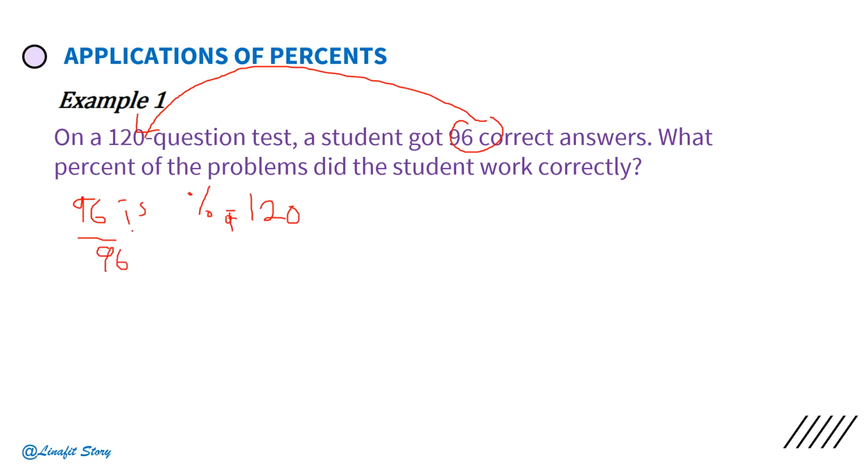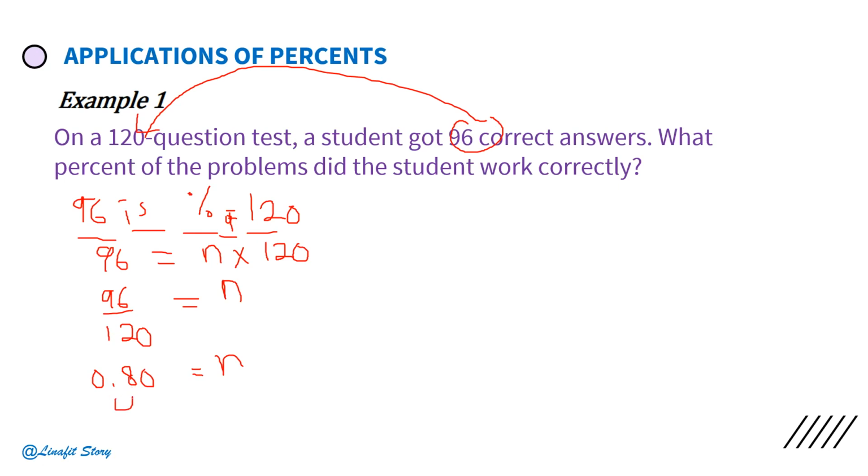Then how to get n? n equals 96 divided by 120. So n equals 0.80. Then you may convert the decimal into percent. Move the decimal point 2 places to the right. 1, 2. So it equals 80%. The test score was 80%.